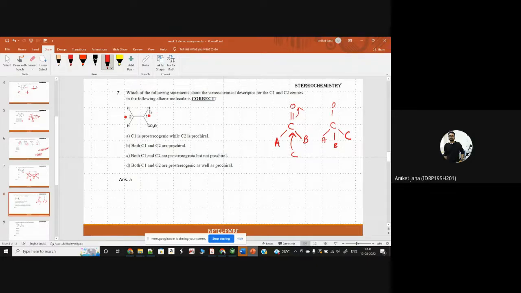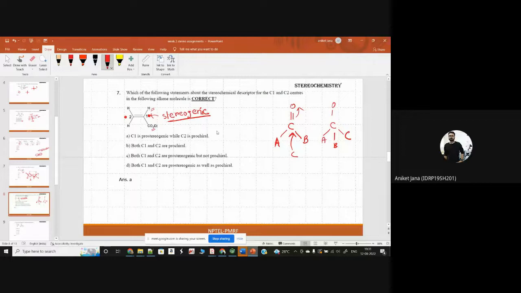Here two different groups are there, hydrogen and CO2. If a third group comes here, the four substituents on this C1 will be different. If we change any two substituents on the C1 carbon, then it will become stereogenic, right?